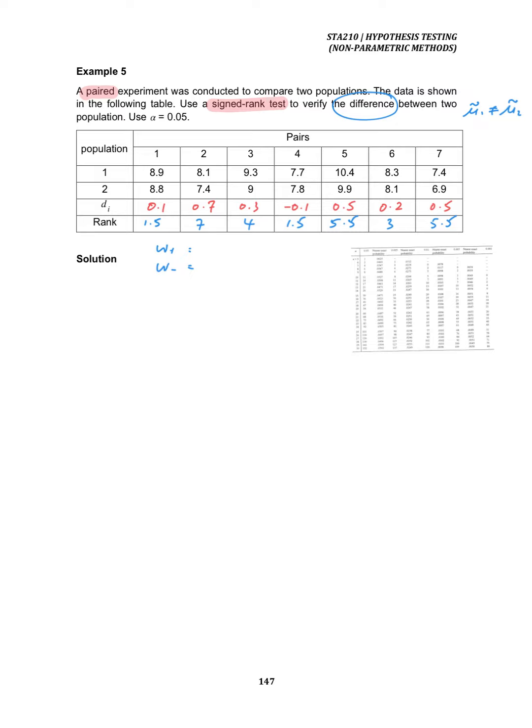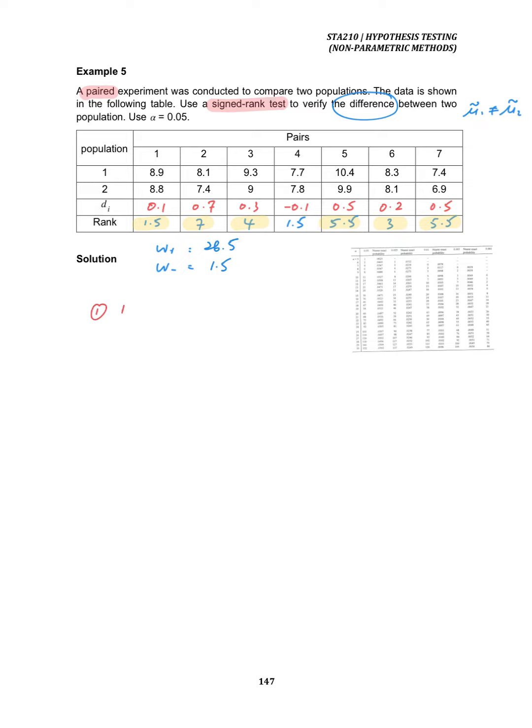W plus here we will add up the positive differences, this one lah semua ni, kecuali yang 1.5. So bila kita tambahkan kita punya W plus, we will get 26.5. W minus is 1.5.